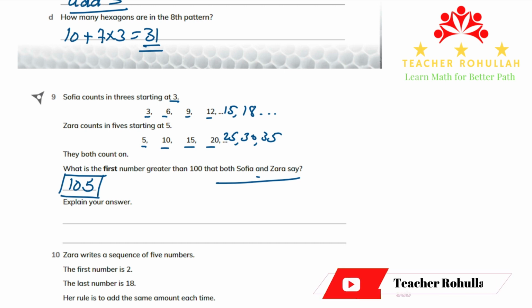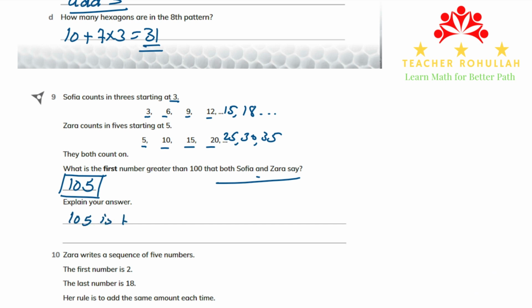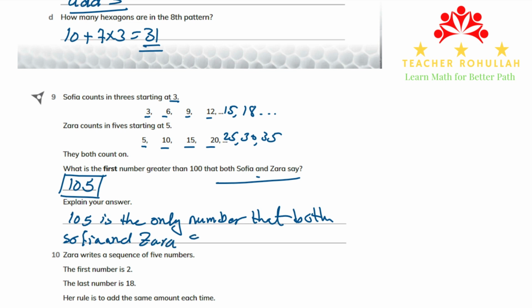Here it says, explain your answer. I already explained. 105 is the only number that both Sophia and Zara say after 100.